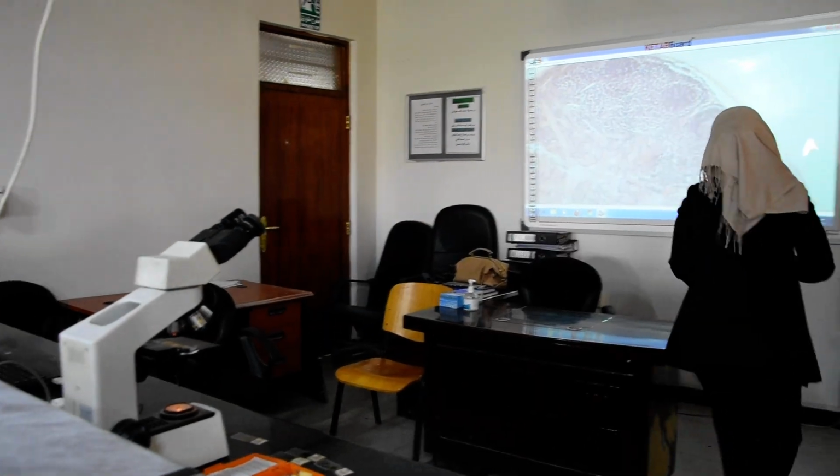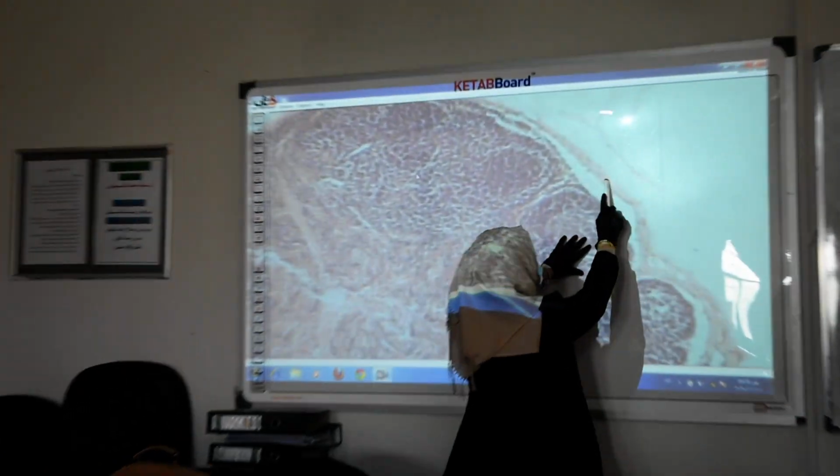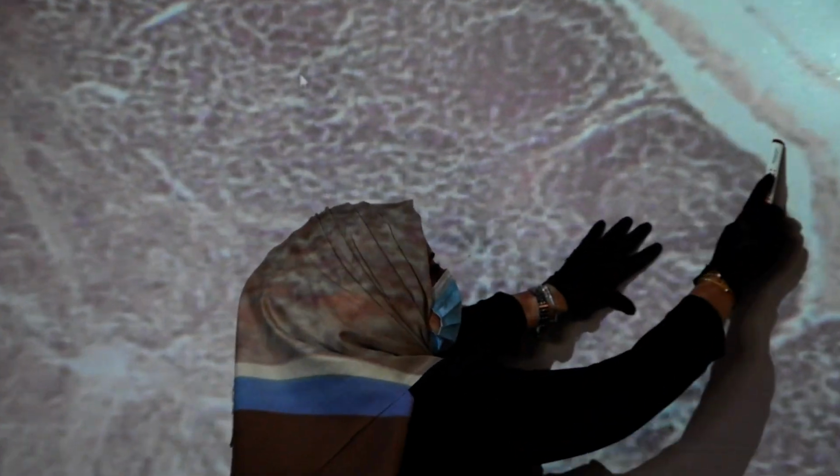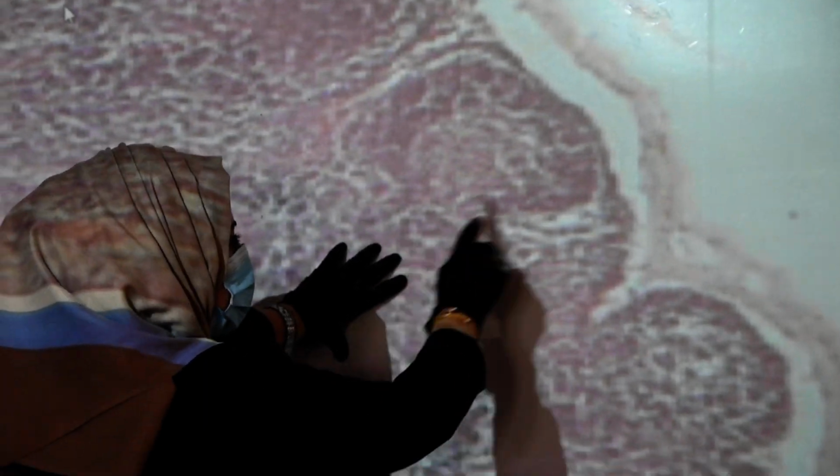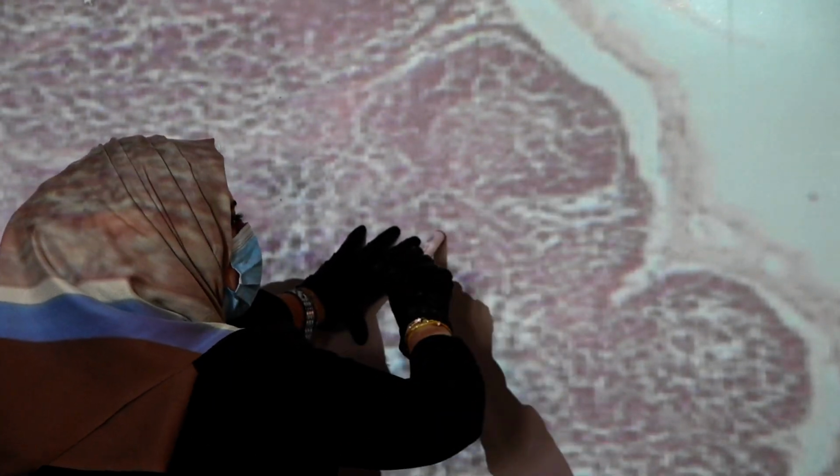Previously we talked about the connective tissue capsule and subcapsular sinuses, and these are the parenchyma including the cortex, paracortex, and at the center is the medulla.